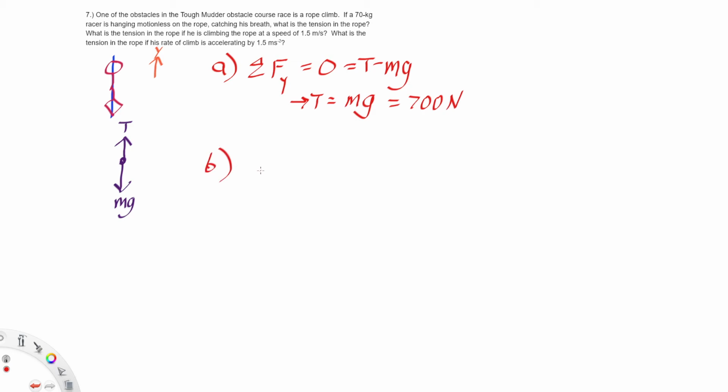Part B. If you are steadily climbing the rope, then your acceleration is still 0. So the tension in the rope is the same.